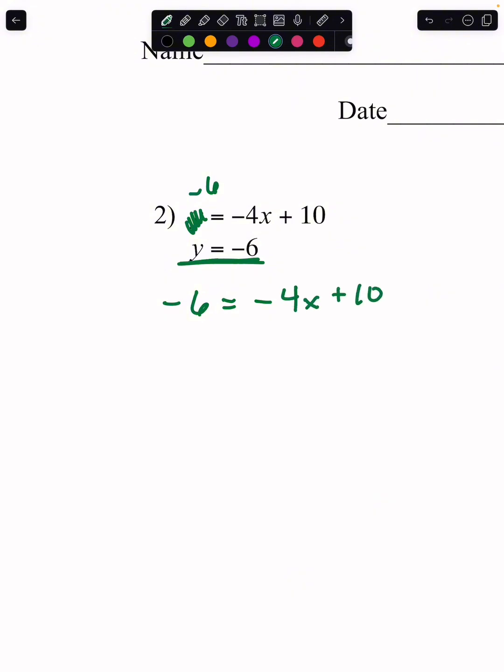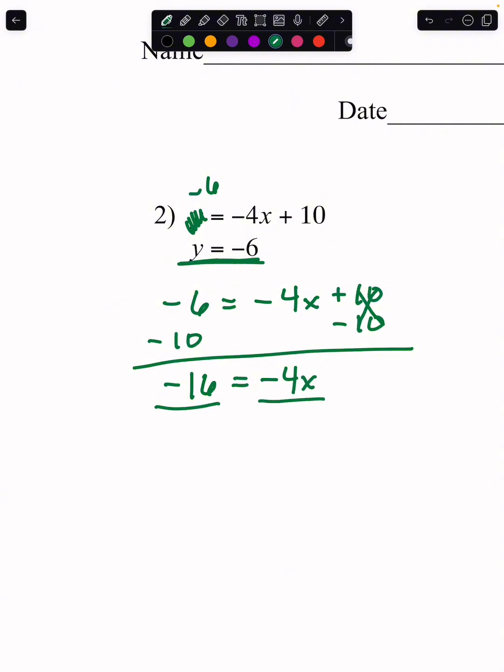And then I'm going to subtract 10 from both sides, because again, I'm trying to isolate the x. So negative 6 minus 10 is negative 16 equals negative 4x. Divide both sides by negative 4. X equals positive 4.